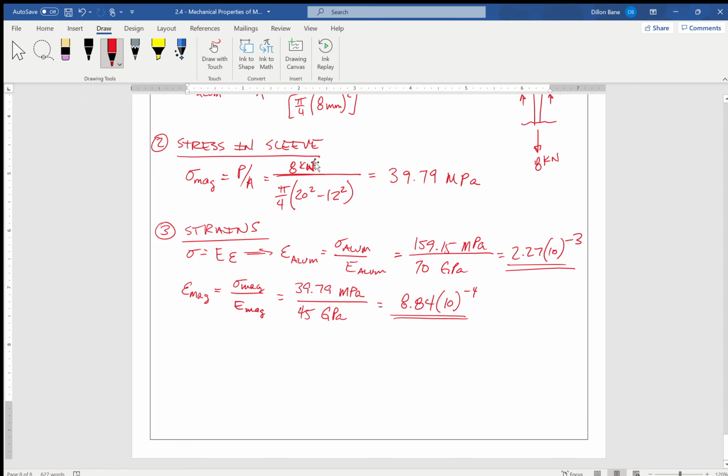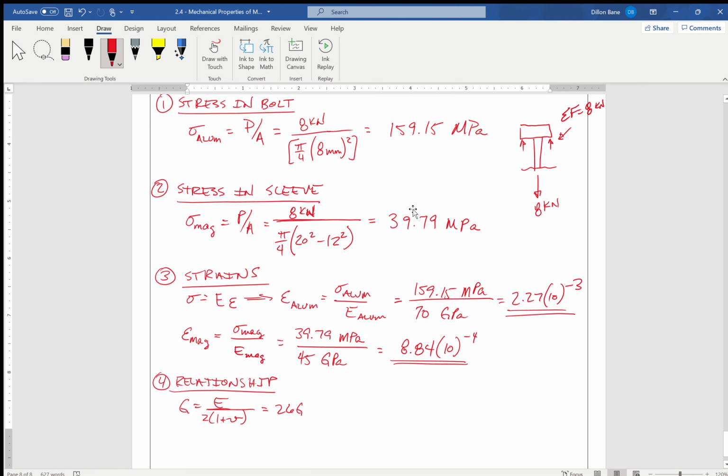So let's do step 4 here. Relationship. We know that G is equal to E over 2 times 1 plus nu. G, we said, was 26 gigapascals. Is that right? 26 gigapascals.